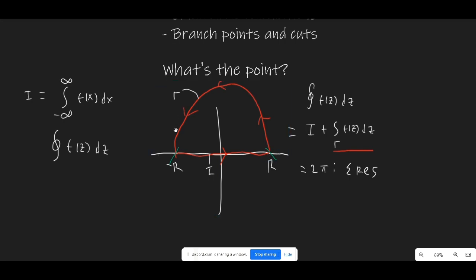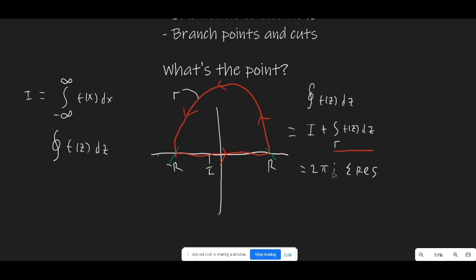So we could write our contour integral as I, this integral right here on the real axis, plus this gamma integral. This is a capital gamma, which represents this upper semicircular curve. So plus the integral over gamma of f of z dz, and this is equal to the overall contour integral, which is just 2 pi i times the sum of the residues.